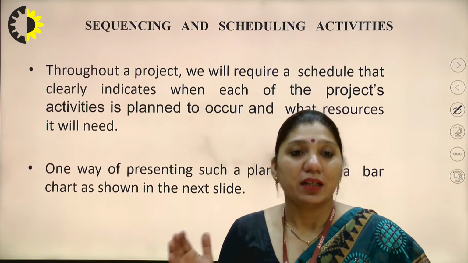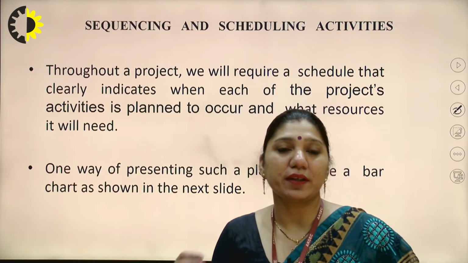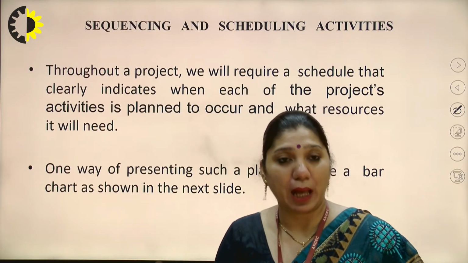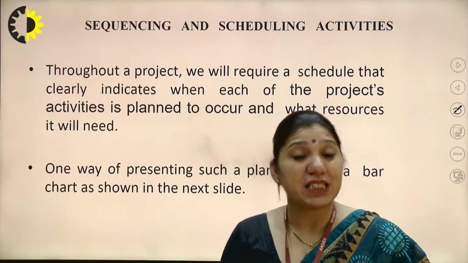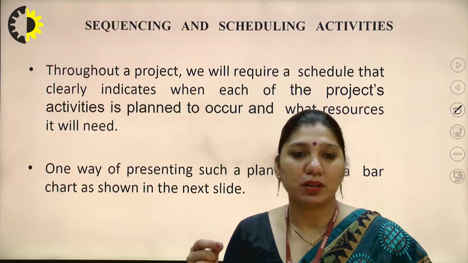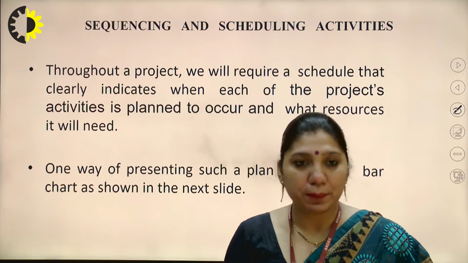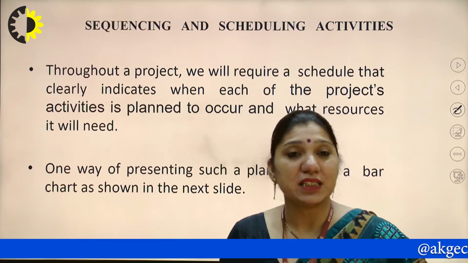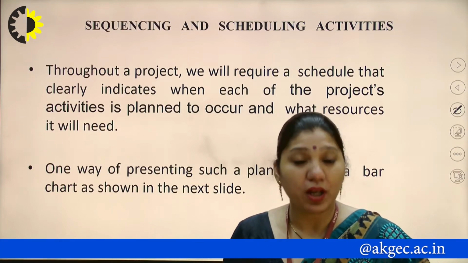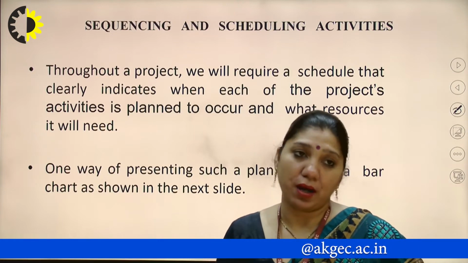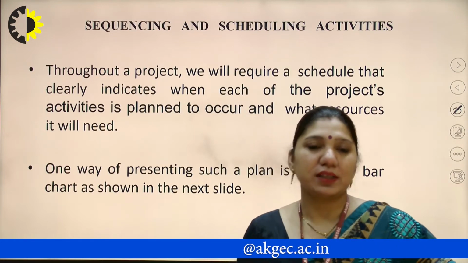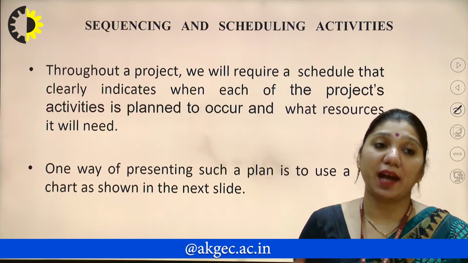They have done the sequencing of all the modules, and the scheduling of each and everything, including the software, the people working, and the resources. Each and every point should be added to the scheduling part. I hope you understand the basic definition of sequencing and scheduling.